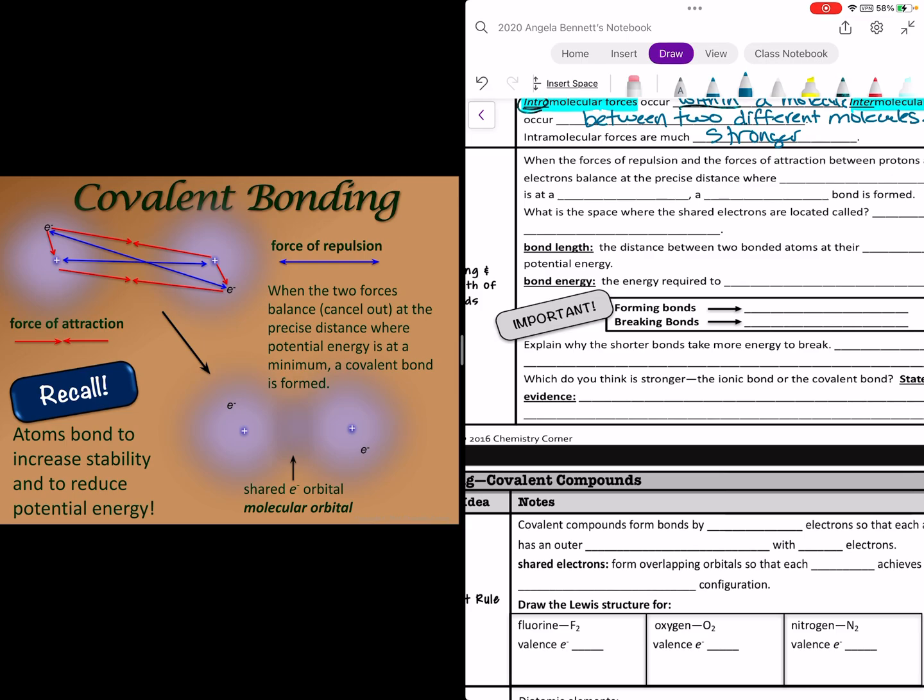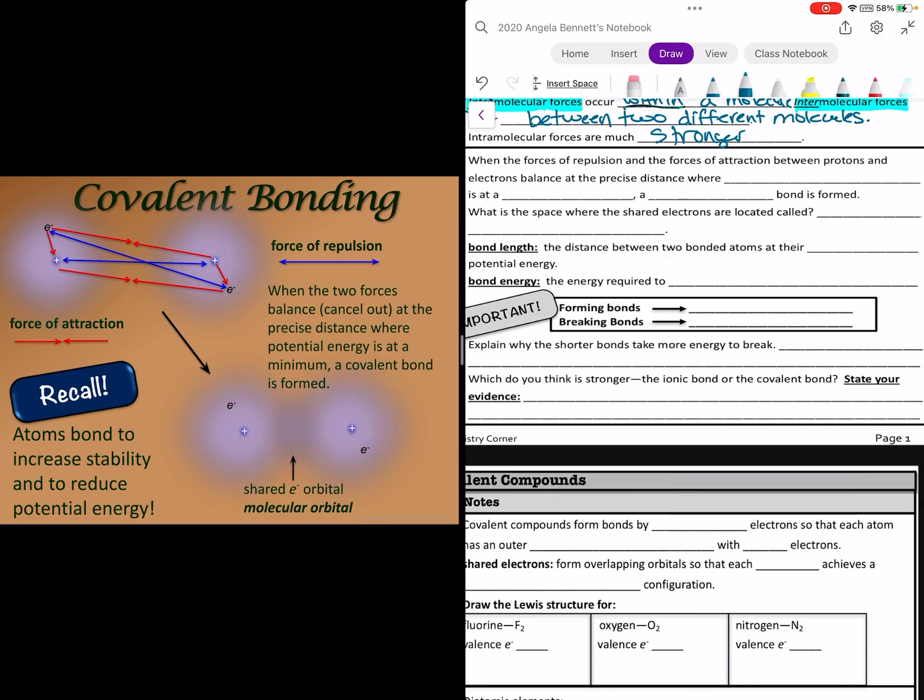So when the forces of repulsion and the forces of attraction between protons and electrons balance at the precise distance where potential energy is at a minimum, then a covalent bond is formed.